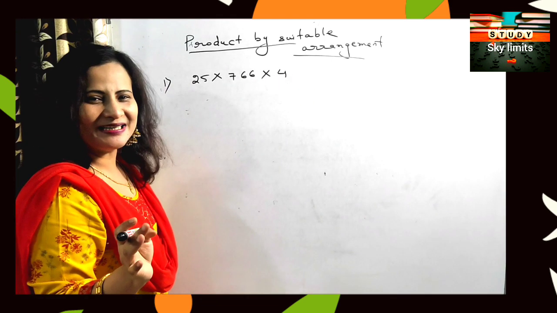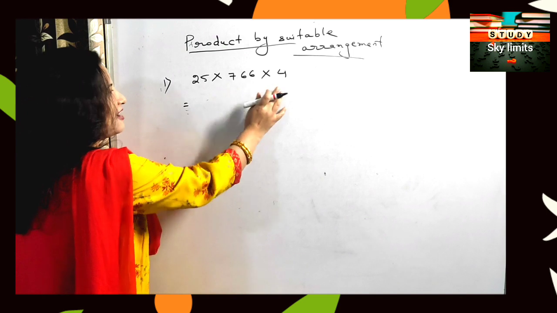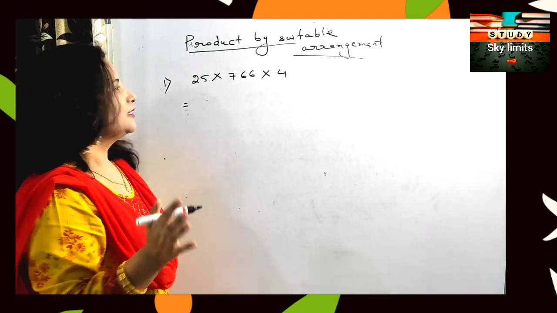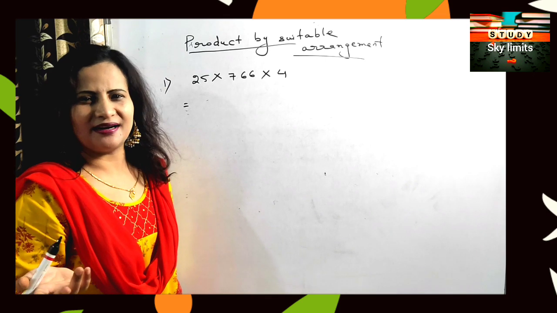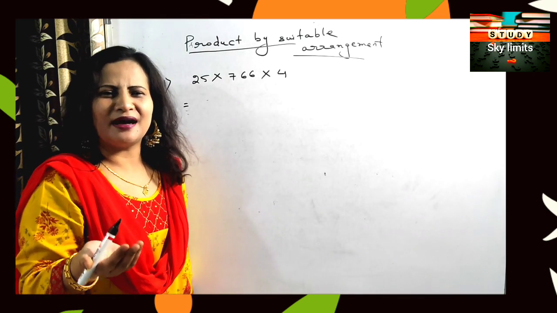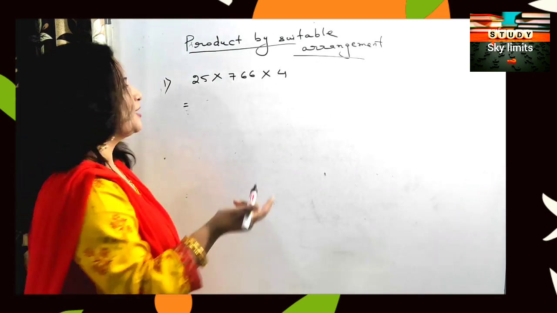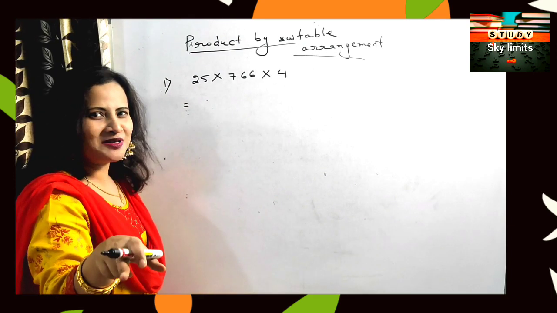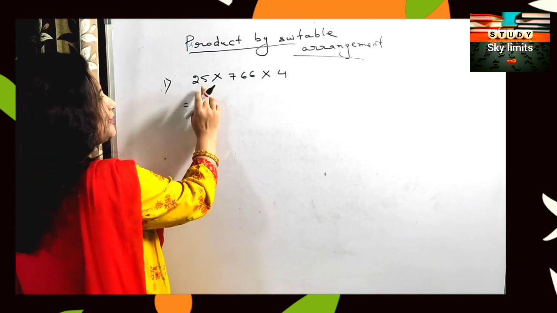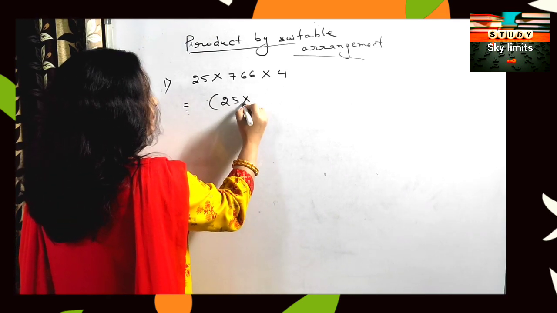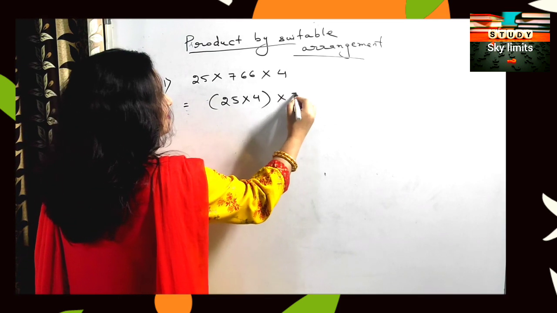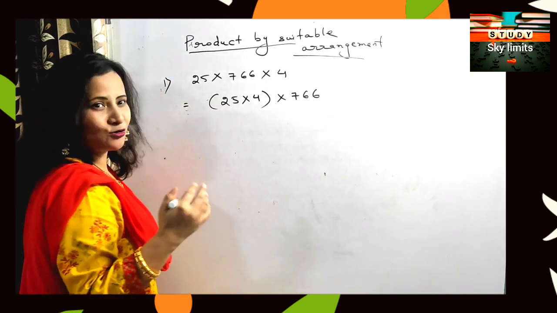Is it clear? Now I have been given 3 numbers here. I have to find out such pair of numbers which will give me 10, 100, 1000 like that. Because multiplication with 10, 100, 1000 is very simple. Yes or no? So obviously by now all of you must have understood what pair I will make here. 25 with 4. Okay? So when I take 25 and 4 as the pair, I'll keep 766 outside.